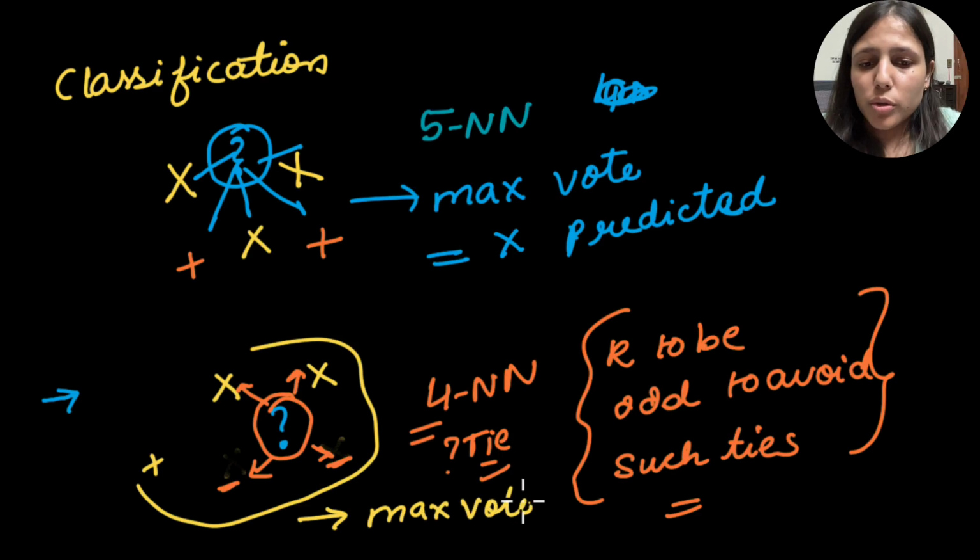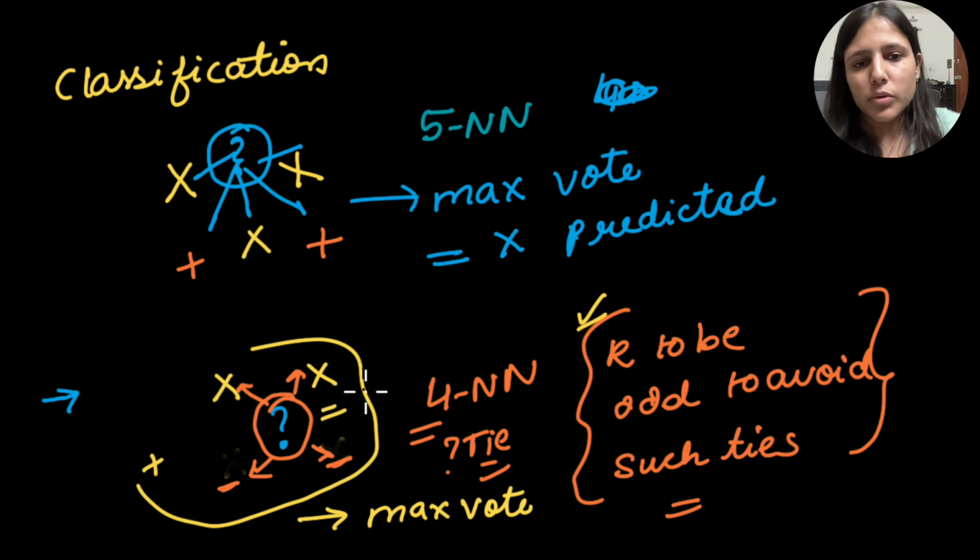So if you are being asked a question in GATE and you see there is a tie happening, they will most definitely specify how to break the ties. Some of the most common ways to break ties is to take a random set of values and predict, or you take one more neighbor and predict. They'll specify what exact metric you have to take to break the ties, to make the question less ambiguous.